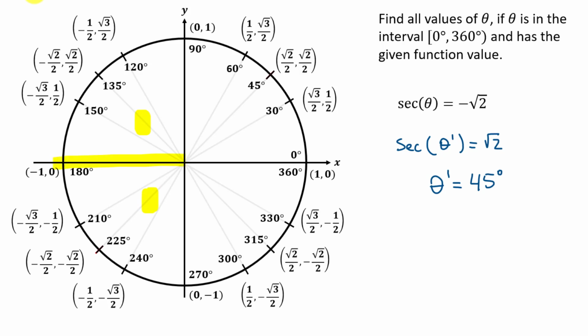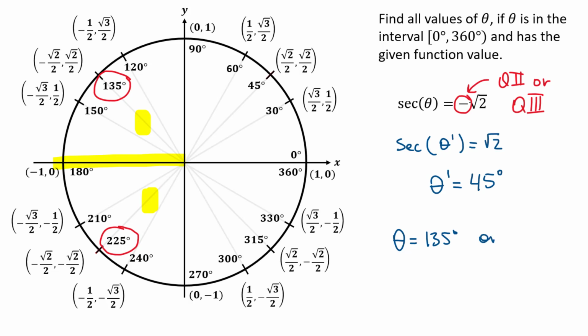So both secant and cosine are negative in those two quadrants. And that finishes my search. In quadrants 2 and 3, two angles that have the reference angle of 45 degrees are 135 and 225. So theta equals 135 or 225.